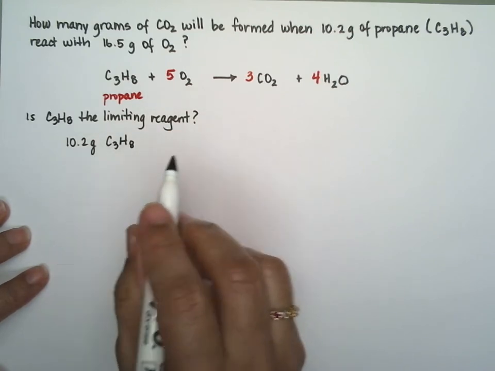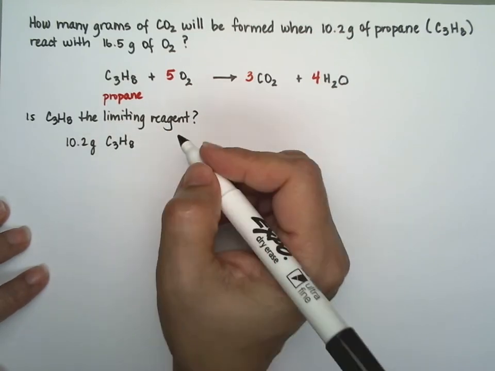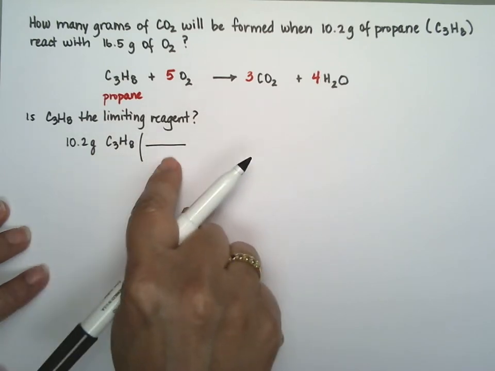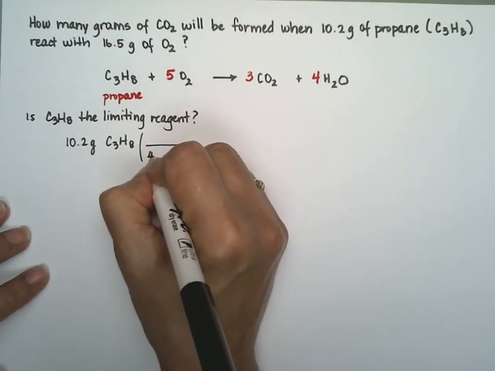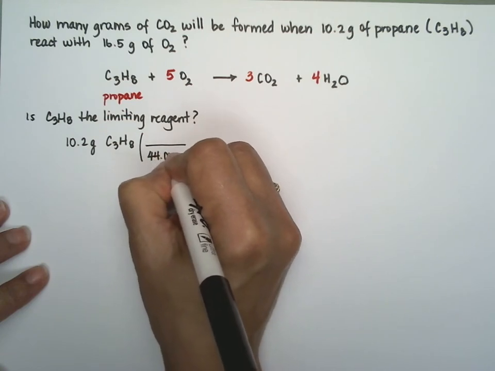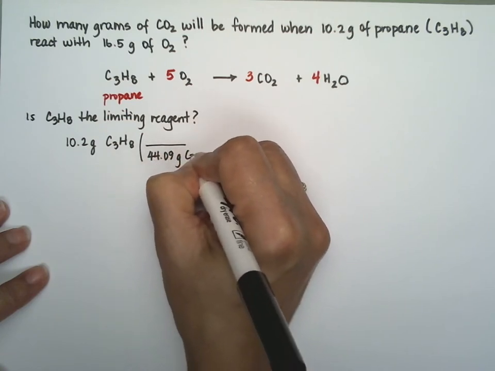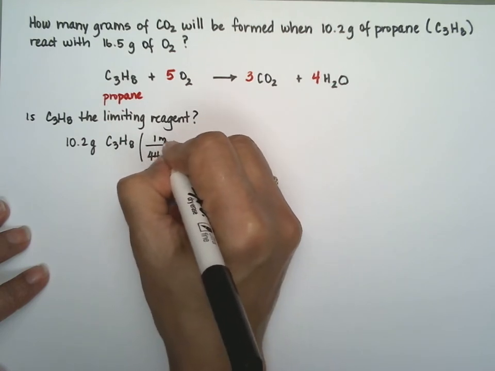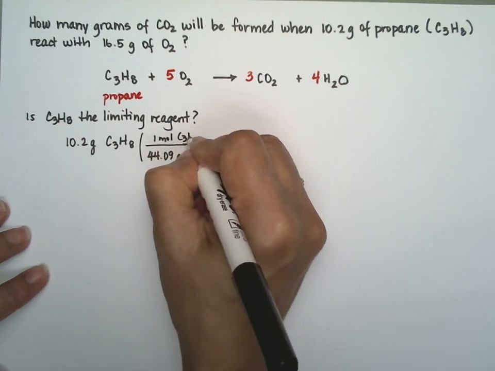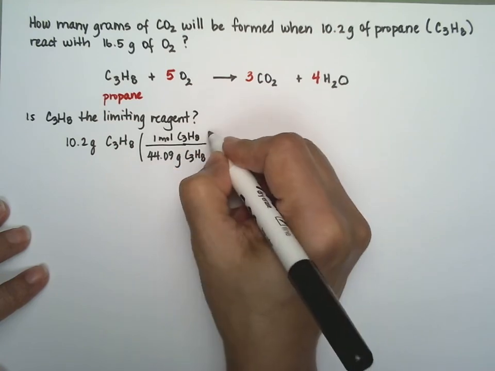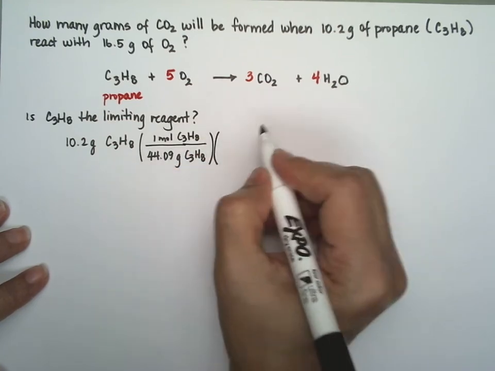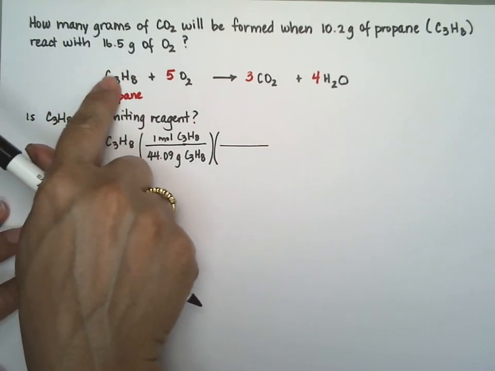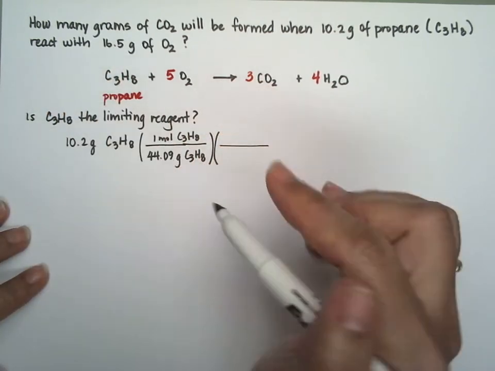The molecular weight of propane is 44. So I'm going to divide by the gram so that I can cancel. It's 44.09 grams of propane in 1 mole of propane. And according to the reaction, 1 mole of propane produces 3 moles of CO2.